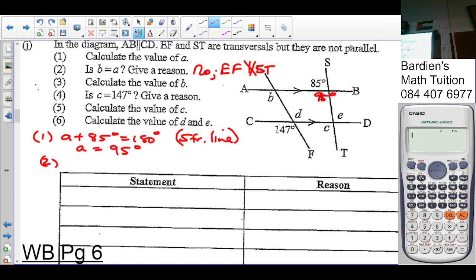Can you see that, people? Remember, what does this mean? Equal. And that? Not equal. This? Parallel. That? Not parallel. So that is not equal because these lines are not parallel.